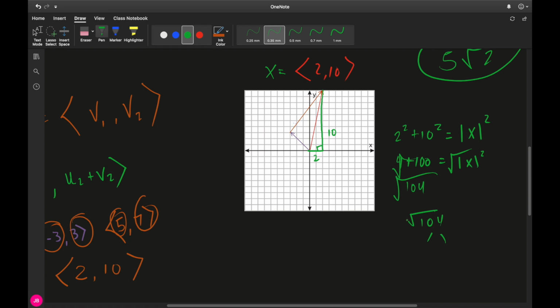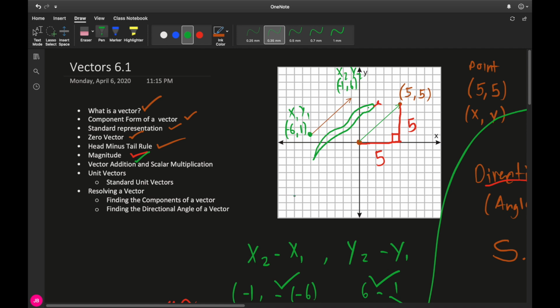Well, 104 is 2 times 52, and 52 is 2 times 26, and 26 is 2 times 13, and it seems that this is as far as we can go. So it's 2 times the square root of 26. And this would be the magnitude of your vector. And we can check that off the list, vector addition.